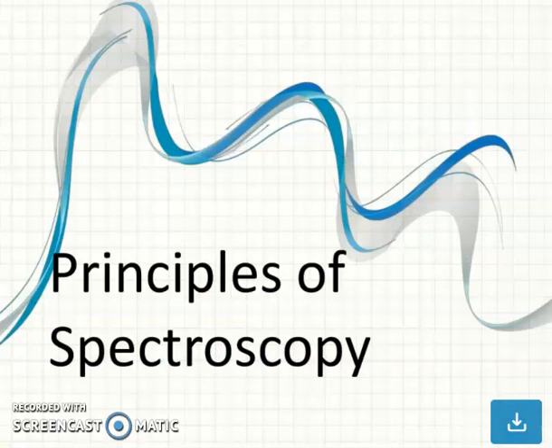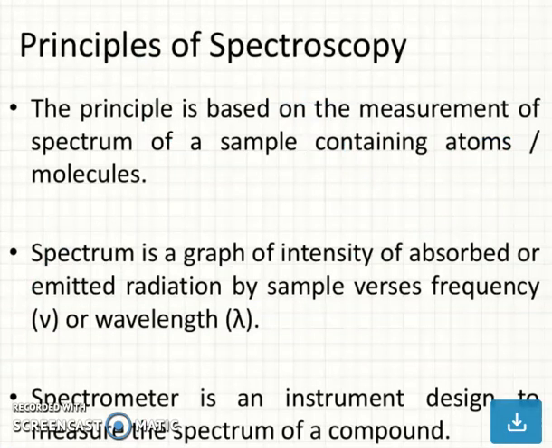Now, the principle of spectroscopy. The principle of spectroscopy is based on the measurement of a spectrum of a sample containing atoms or molecules. A spectrum is a graph of intensity of absorbed or emitted radiation by the sample versus frequency or wavelength.